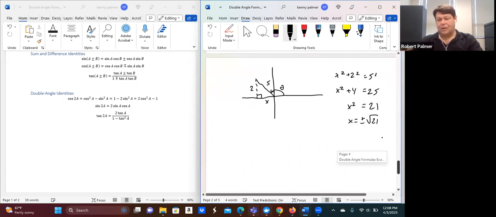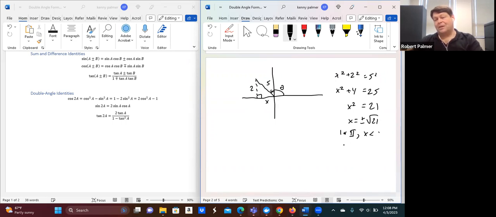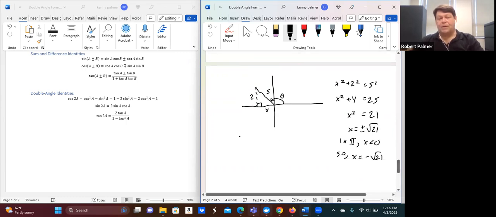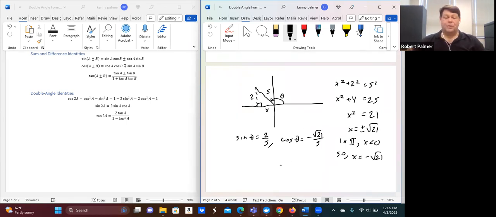Once again, since we're in quadrant 2, x is negative, so x is equal to negative square root of 21. Now we're given that the sine of theta is equal to 2/5, and now I know that the cosine of theta is equal to negative square root of 21 over 5. It's x over r. So now we know the values of sine and cosine.